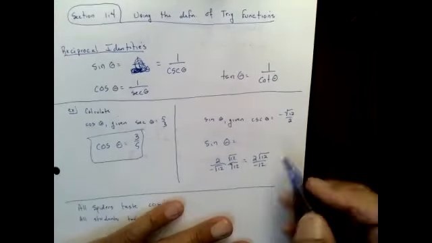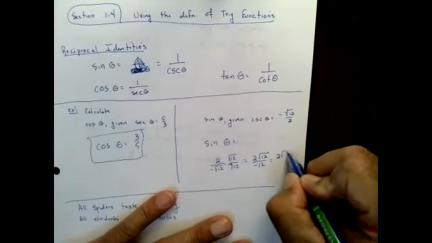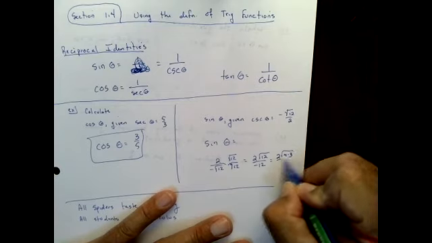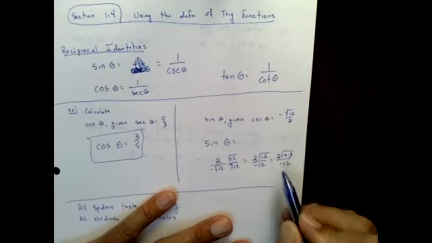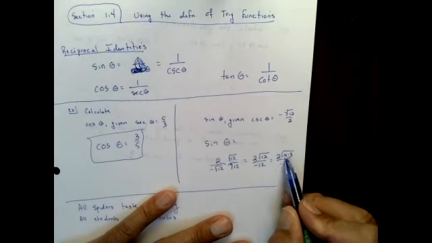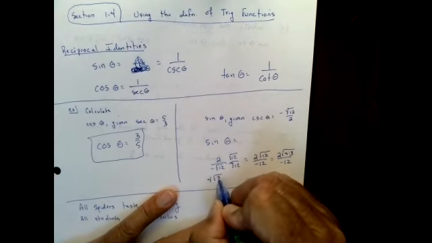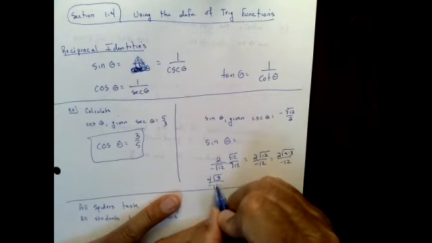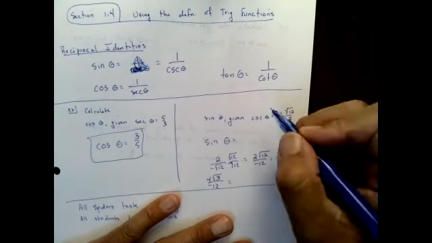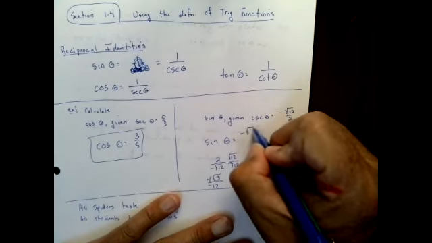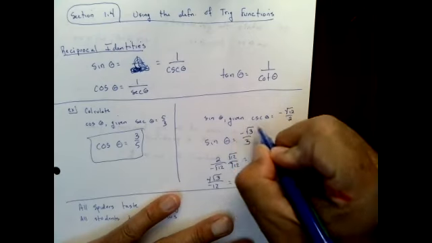A little work to do here. It equals 2 times the square root of 4 times 3. What's the square root of 4 become? 2. 2 times 2 is 4. So now I have 4 square root of 3 over 12. All right, I think I got an answer. Negative square root of 3 over 3.